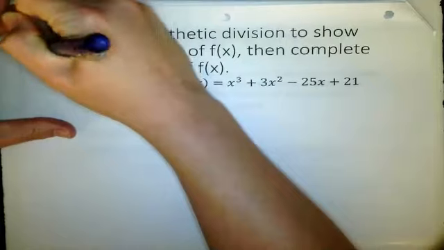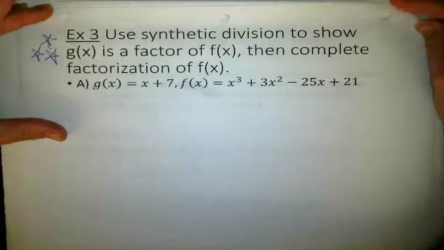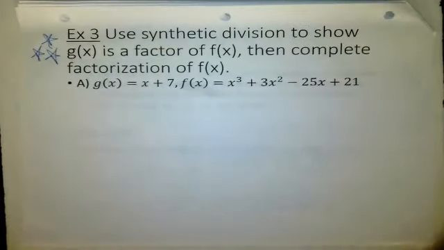This is what we really need to know in life. This is the goal. Use synthetic division to show that g of x is a factor. Then complete the factorization.